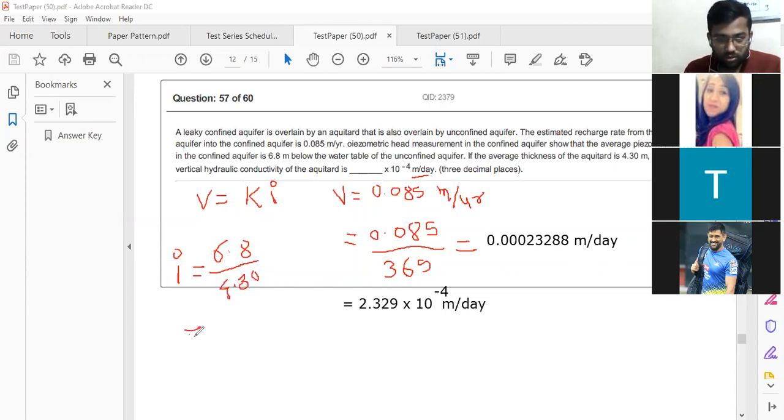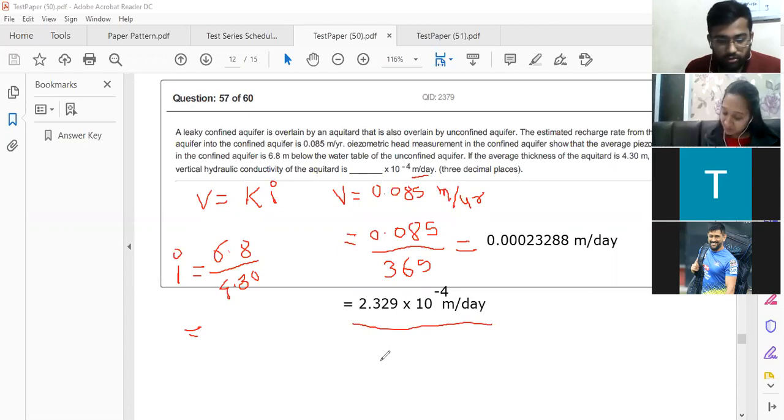If you solve this, what do you get? 6.8 divided by 4.30 is 1.58 something, so 1.5813.